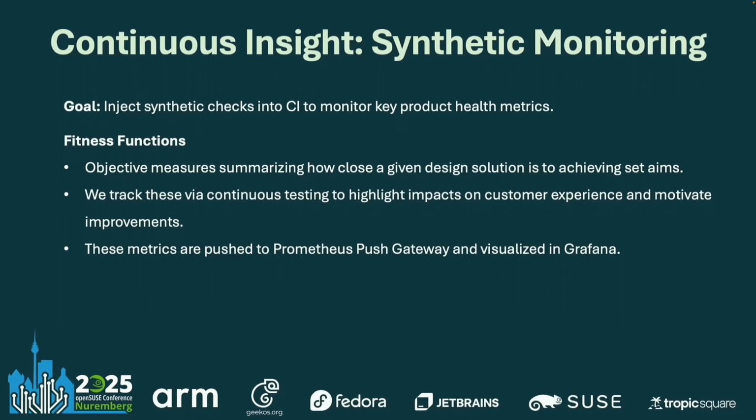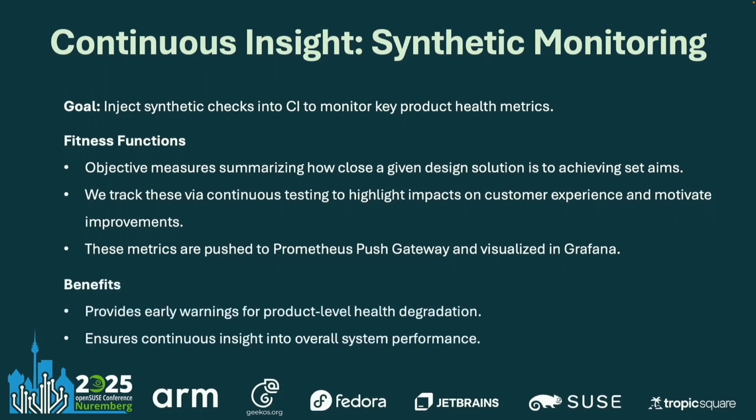It's about making sure the whole system is healthy, not just that each small part works correctly. So the benefit is that it provides early warning for product level health degradation and ensures continuous insights into overall system performance.